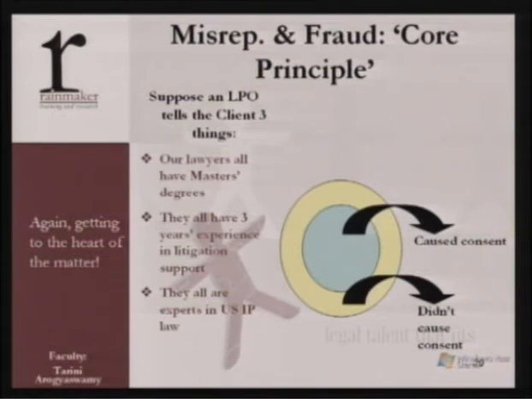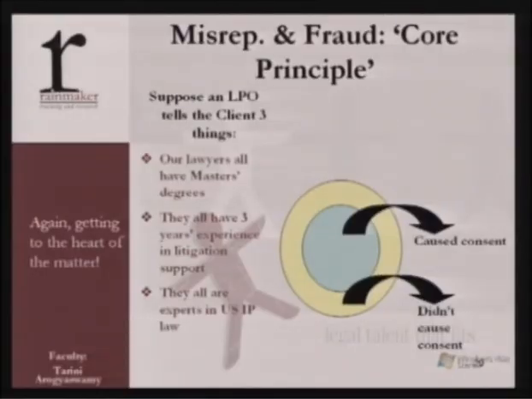The client would have the right to reject or accept the contract because the LPO has made a misrepresentation. In this case, the LPO has committed a fraud, deliberately concealed the truth, deliberately represented that which is not true, if in fact these facts are not true. If these facts are true, of course, the contract is valid.